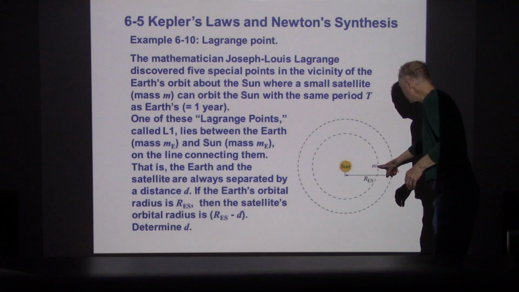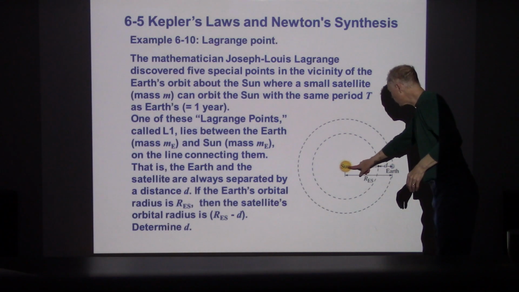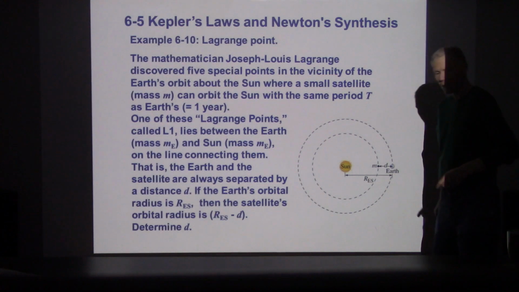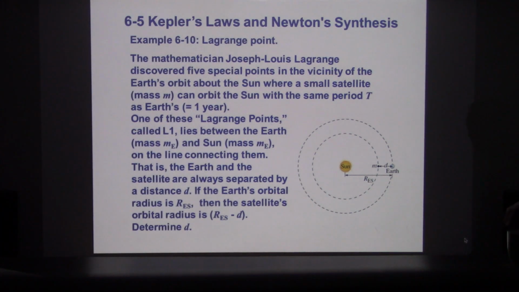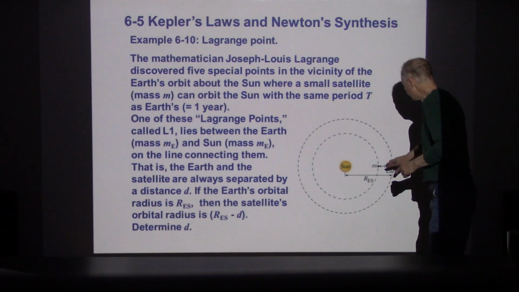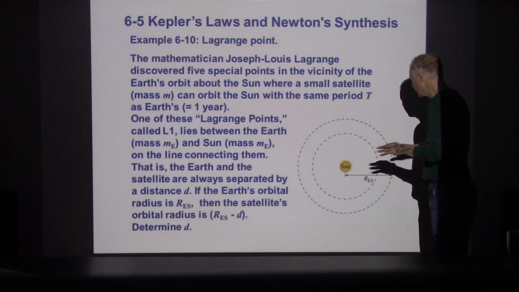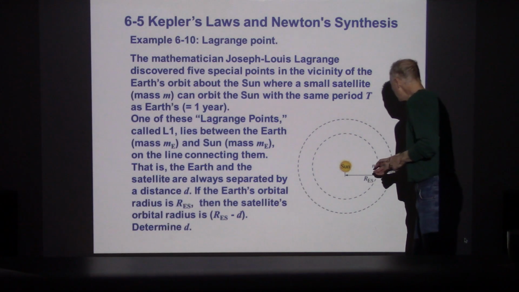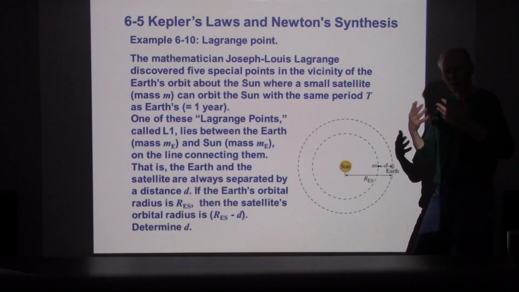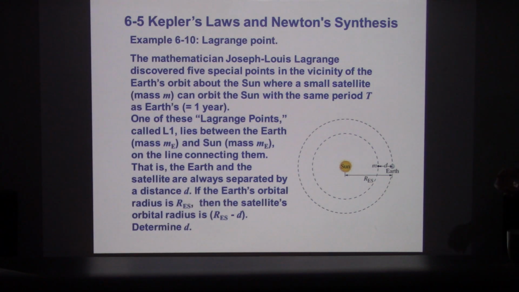Let's say that we place a satellite somewhere between the Earth and the Sun at some distance. Now we would expect that if this object were just orbiting by itself, it would be going faster than the Earth, right? So it's going to feel a certain gravitational attraction to the Sun. It's going to need to be moving faster if it's in a stable orbit.